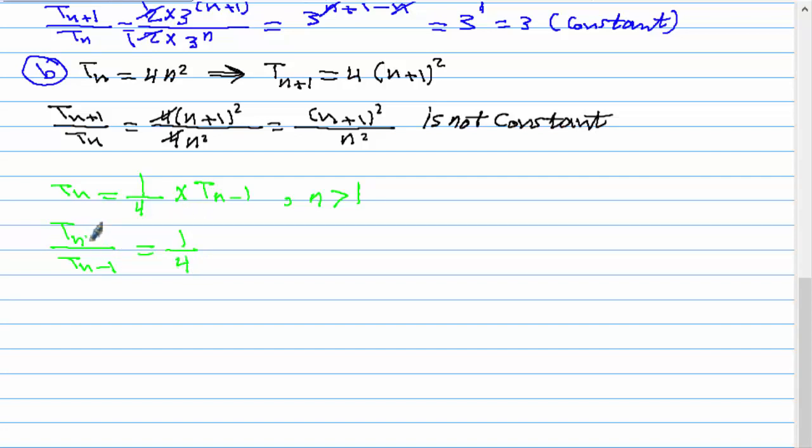Note that Tn over Tn minus 1 expresses two consecutive terms, as Tn minus 1 is the term before Tn. In other words, Tn is the term after Tn minus 1. The result here is a constant, so the sequence is geometric and its common ratio R equals 1 over 4.